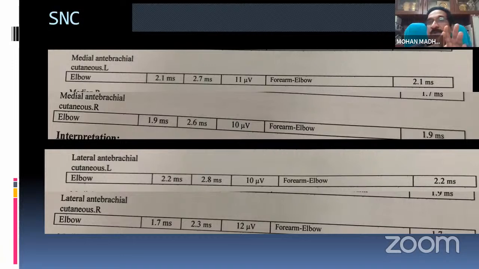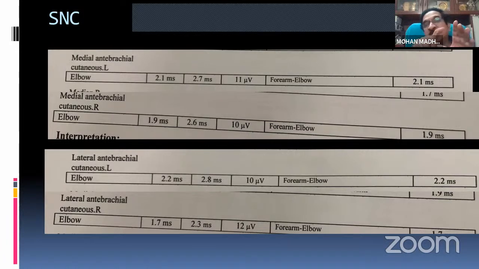That is, the lesion is not in the root per se, it is in the root of the brachial plexus. In fact, there is always a confusion between the root and the radicle. When we say root, usually we mean lesion proximal to the ganglion. But unfortunately, the root of the brachial plexus is also called root.